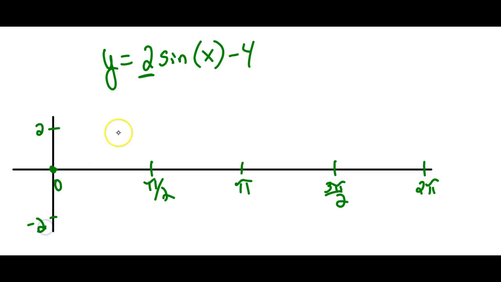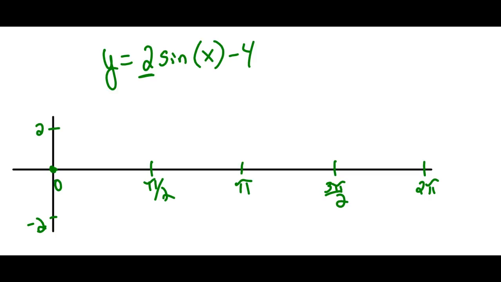If that was all it was, if I covered up this -4 right here, it would just be graphed through here like so. We know that the sine of 0 is 0, and then we'd go up, down, down, up, and that would be our graph. But the -4 tells me to shift everything down 4.